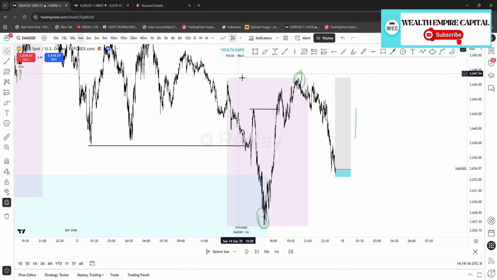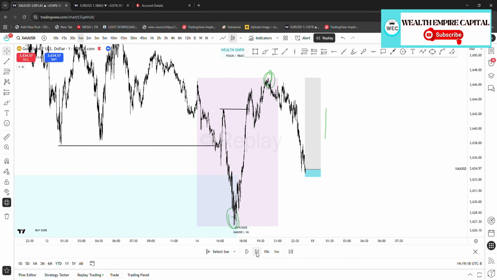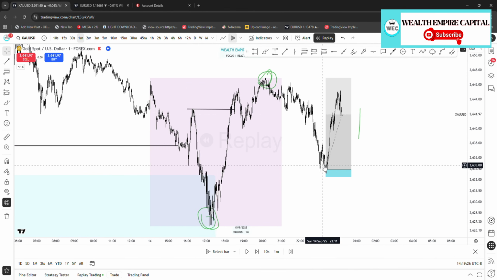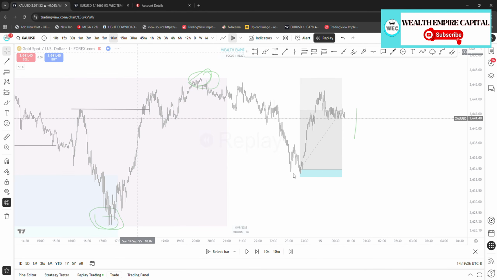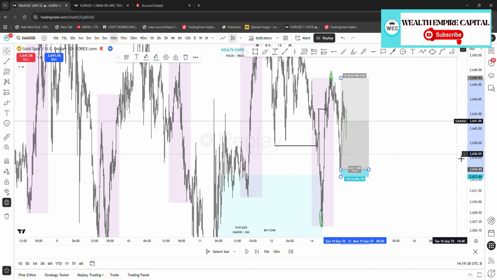That was all. Okay, so we just tapped in, and then lo and behold, price started moving nicely. Now price stressed me a bit because it got close to my TP and then made a deeper retracement. Even though I had taken partials, I wasn't so happy with those retracements. But then lo and behold, let me go to, let's say, the 10 minute time frame so that we can play forward.